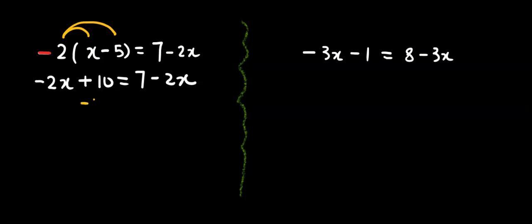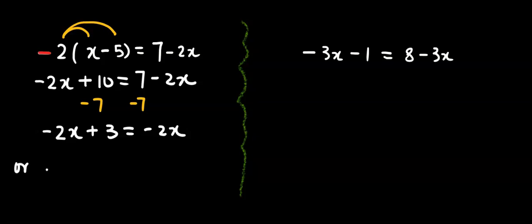If we minus 7 each side, we will have negative 2x plus 3 equals negative 2x. If we minus 10 each side, we will have negative 2x equals negative 3 minus negative 2x.